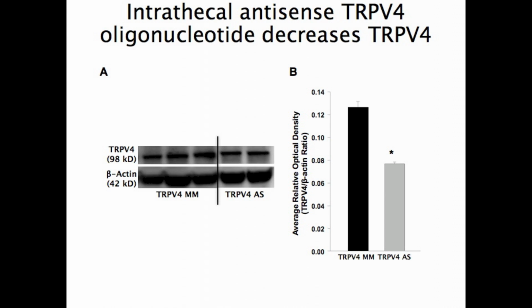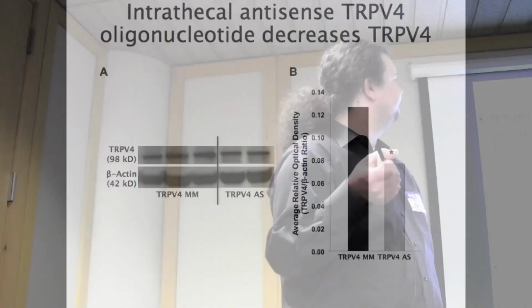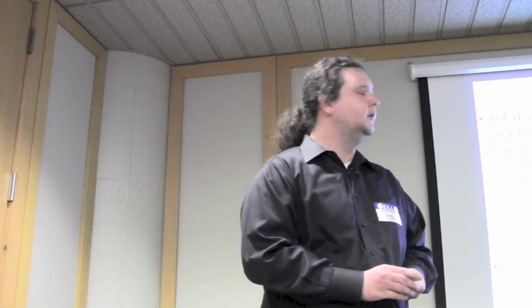And this is just to show that we did, in fact, have a reduction. So the problem is, there are no good drugs out there that antagonize this protein, that act on it and block its actions. When we started this project, there were none. That's why we did the knockdown instead of just using a drug.